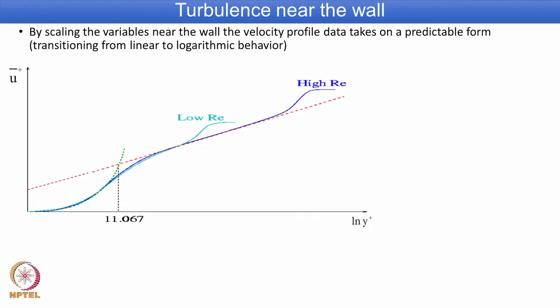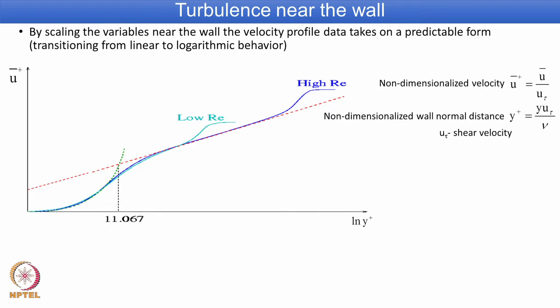Before going to the details, we should first know what is known as scaling. Scaling the variables near the wall, we have length scale and then velocity scale. In the velocity scale, we have shear velocity u tau defined. U tau is for friction or shear velocity, and that is used to scale velocity, and distance from the wall is given as y, and nu is molecular viscosity.